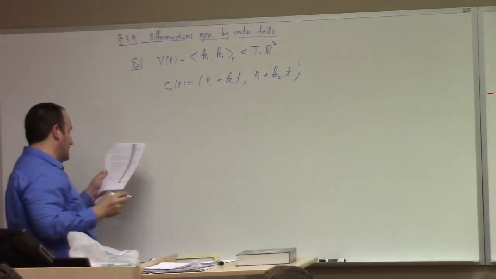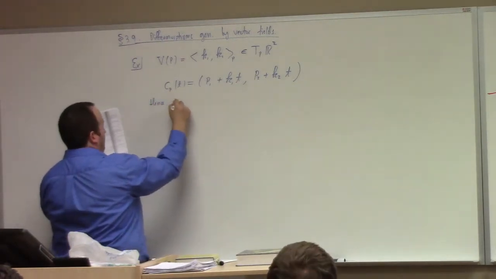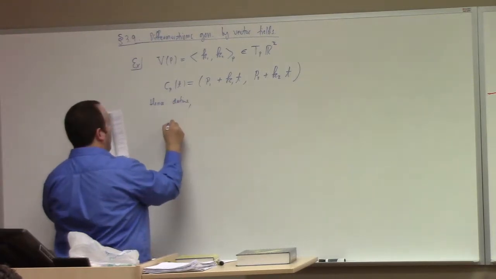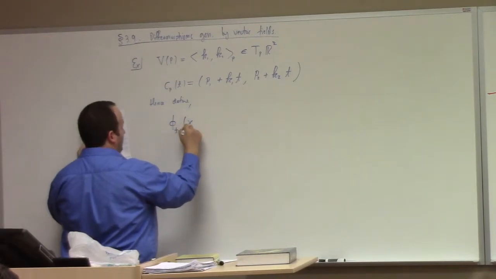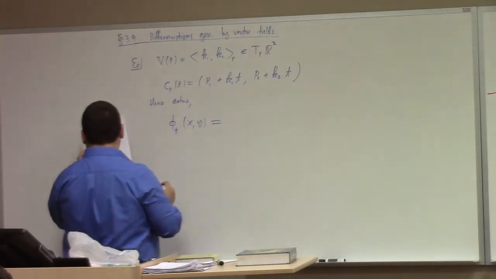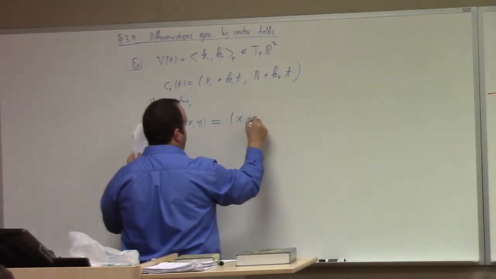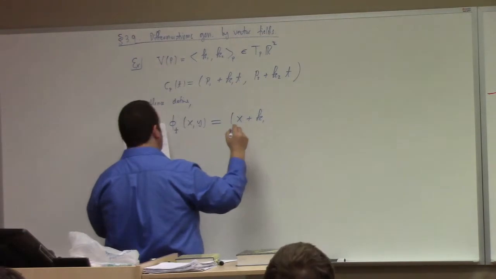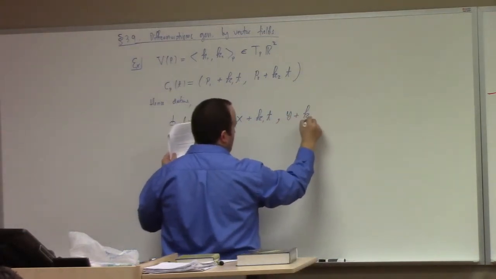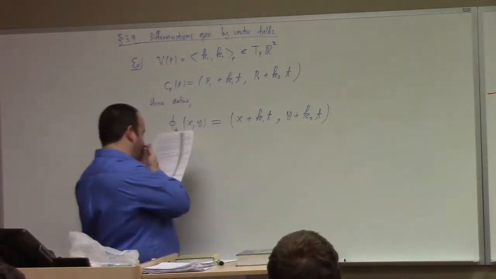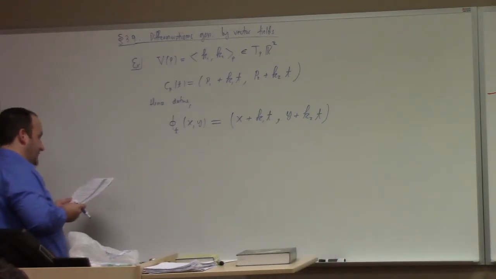So another notation for this, he says, define phi sub t of x comma y equal to x plus k1 t, comma y plus k2 t. This is for fixed t.